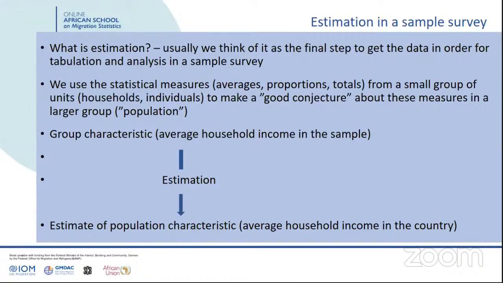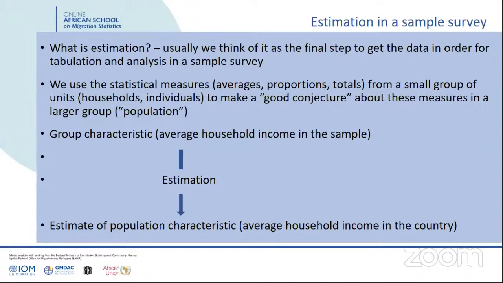So what is done is that we have what we can call statistical measures, summary measures for a small group of units, households, individuals, farms, or whatever. Those measures can be averages, proportions, totals. And with the estimation procedure, we prepare a good conjecture, a good estimate, of what these measures are in the larger group, the population.